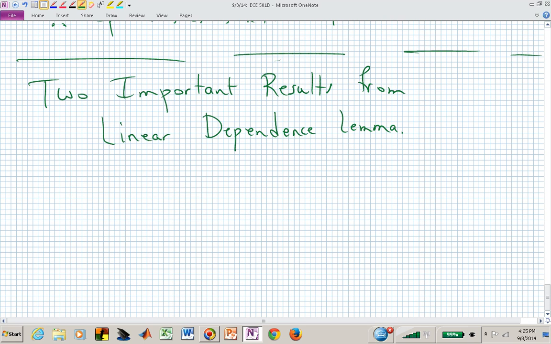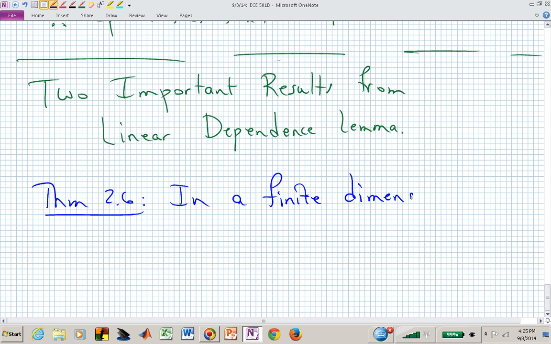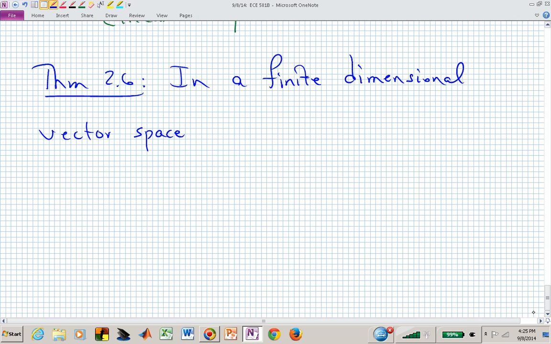From the linear dependence lemma, one is theorem 2.6, which says the following. In a finite dimensional vector space, we can make the following relationship between sets of vectors.